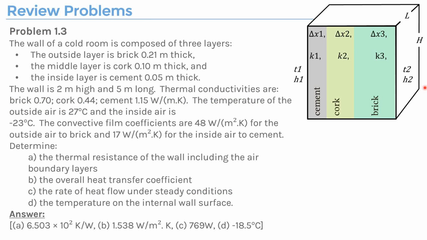In this case, I also want to see how you feel about this. For example, the tutorial problem gives you the details: delta x is 0.21, 0.1, and 0.05, and the conductivities K1, K2, K3 are 0.7, 0.44, and so many parameters are given.